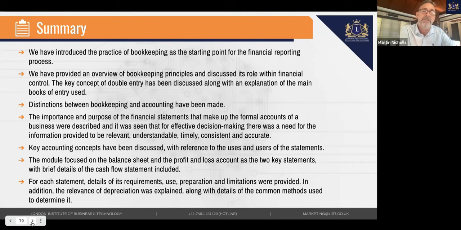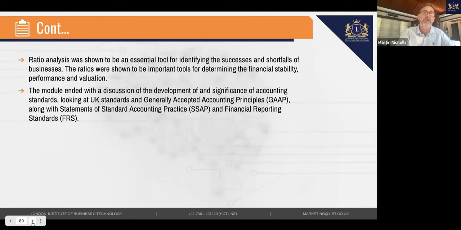We've talked about key accounting concepts, and we've focused on the balance sheet and the profit and loss as the two key statements with brief details of cash flow that are really needed for any business. And we've looked at how we can start to prepare these and who it's relevant to and all this type of thing as well. So that is really what I want to talk about in this section.